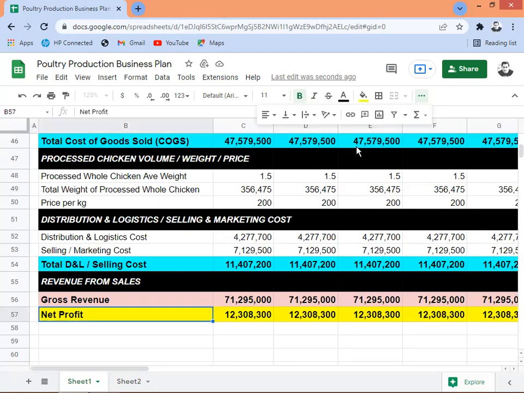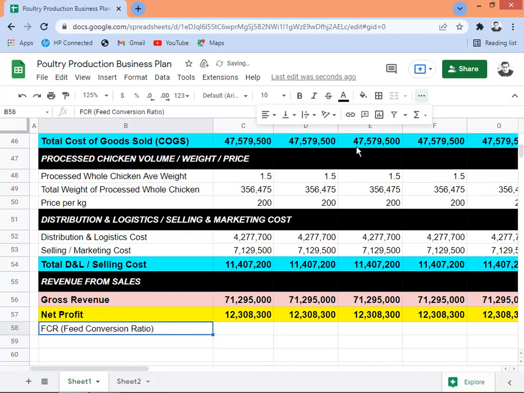Let's say, for you just to have an idea of the FCR, I'm going to include the FCR here. FCR is what you call feed conversion ratio.